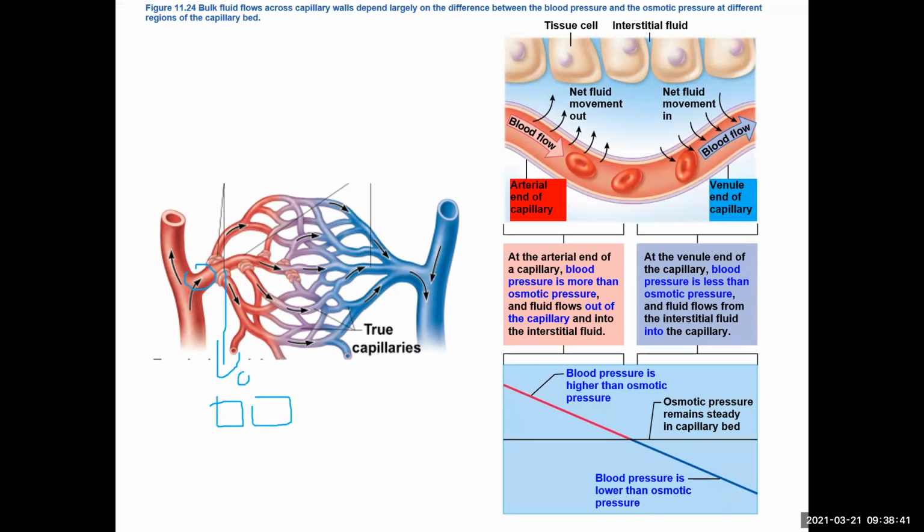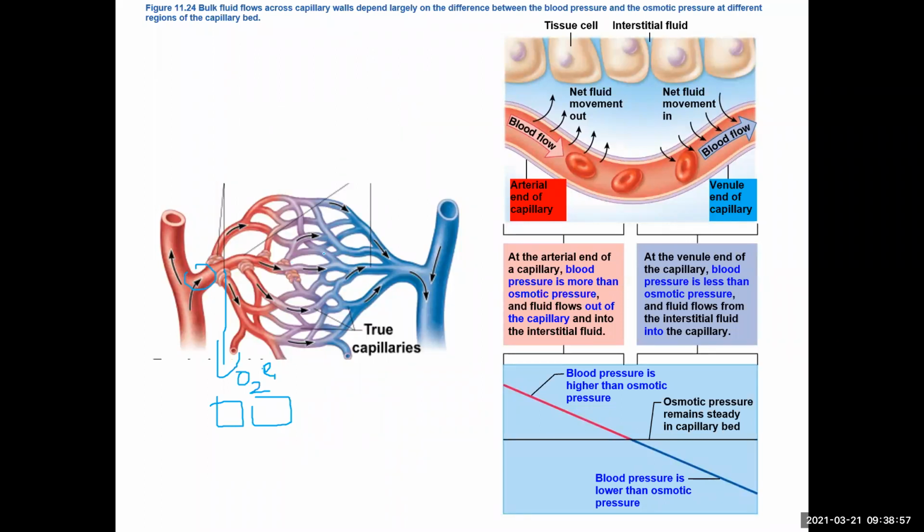Along with the fluid, the oxygen goes out, and the nutrients come out too, like glucose and everything, right? But we want this fluid to be reclaimed back, to come back to the blood vessels, right?